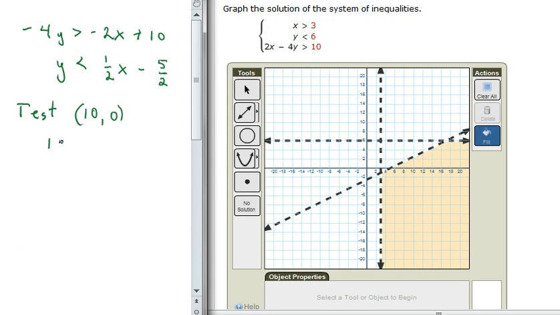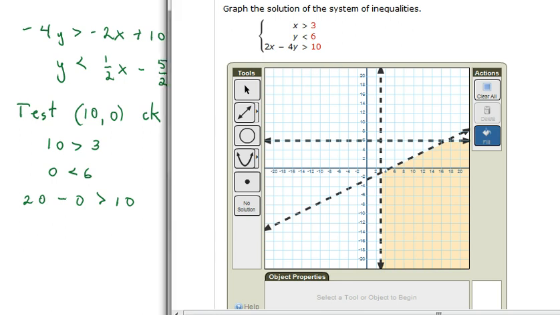So 10 is greater than 3, that is true. 0 is less than 6, and 2 times 10 is 20, minus 0 is greater than 10. So our test value checks, and we are fairly confident that the shaded region is the region that we're looking for.